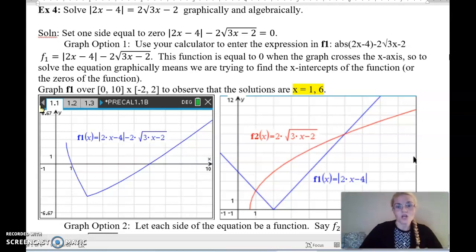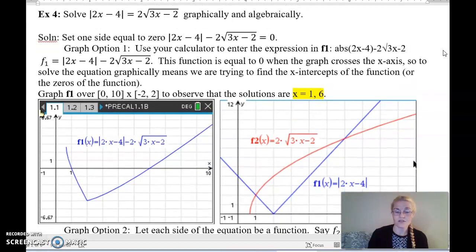If I asked you to solve the equation, the absolute value of 2x minus 4 is equal to 2 times the square root of 3x minus 2, graphically and algebraically? Algebraically, if that looks a little intimidating, that's okay. We'll review it. Graphically, not too bad, but there are 2 approaches to solve these types of equations graphically.